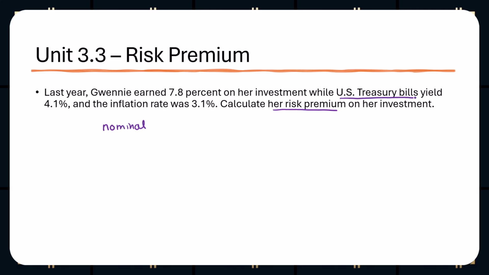Recall in the prior problem, I mentioned the fact that in finance, we assume that the U.S. Treasury bill yield, specifically the 1-month security, is representative of our risk-free rate. And so our nominal risk premium then just simply takes that nominal return and subtracts off that risk-free rate. So we take the 7.8% that she earned, we subtract off the 4.1% on U.S. Treasuries, and we find that her nominal risk premium is 3.7%.